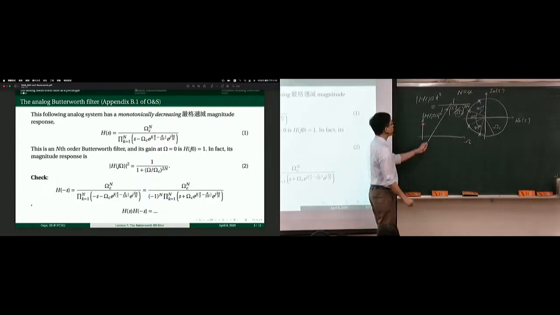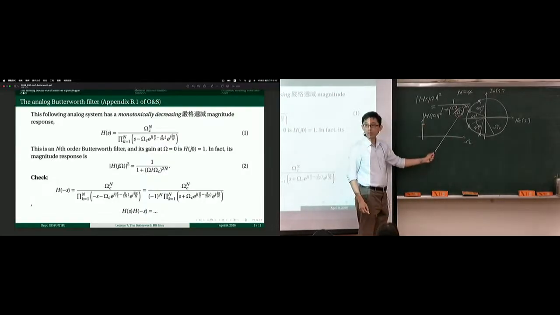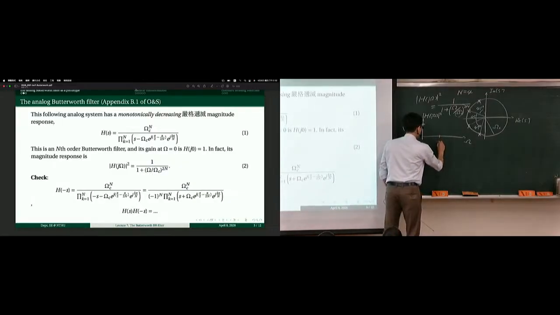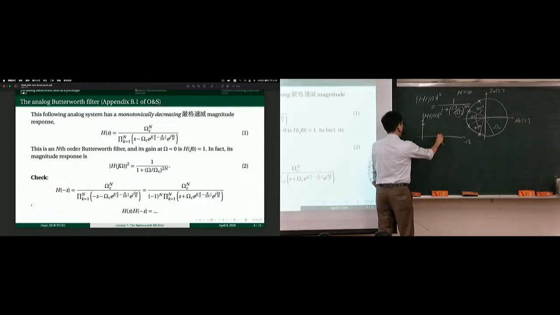And how about if omega equals omega c? What do we have? The gain is 1 divided by 1 plus 1, so 1 half. At the angular frequency omega c, the gain squared becomes 1 half.